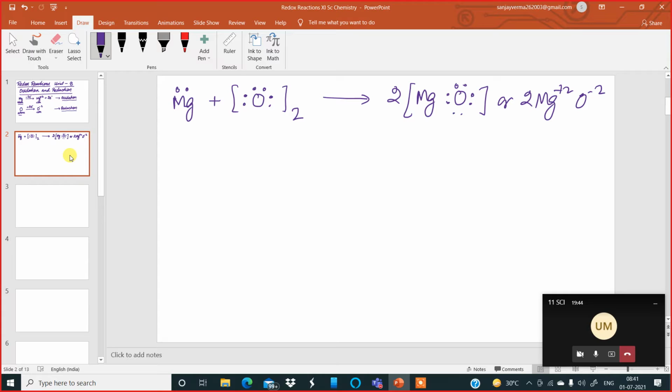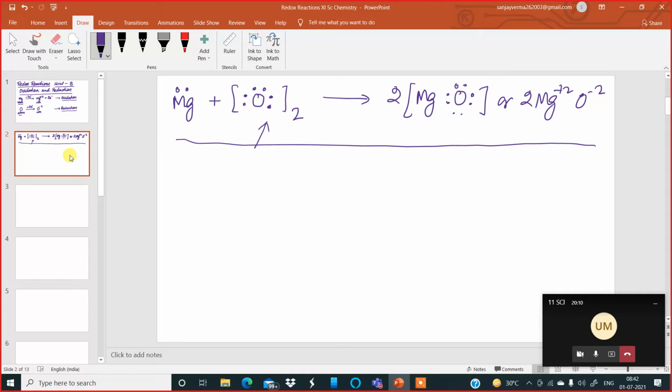Now look at this reaction very, very carefully. Let me explain this. When magnesium, a metallic atom, combines with oxygen gas, which is a non-metal, each oxygen atom has 6 electrons in its valence shell, and here this is a molecule of oxygen. So here what is happening?